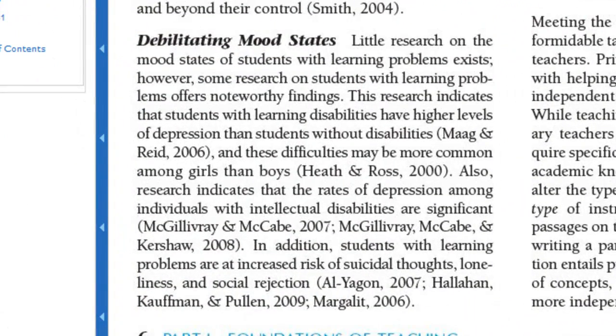A little research on the mood states of students with learning problems exists. However, some research on students with learning problems offers noteworthy findings. This research indicates that students with learning disabilities have higher levels of depression than students without disabilities, and these difficulties may be more common among girls than boys.